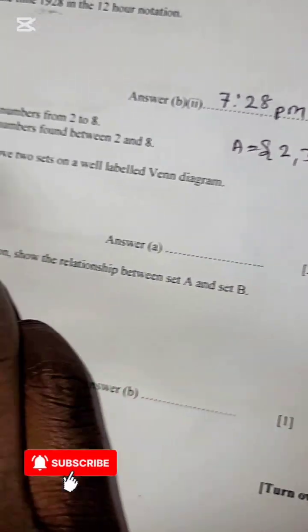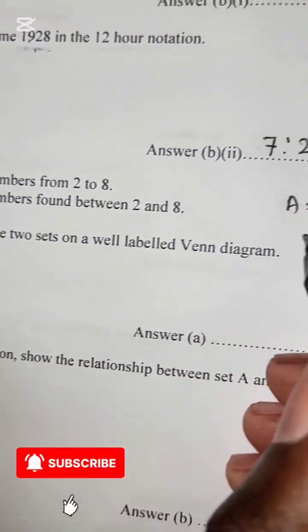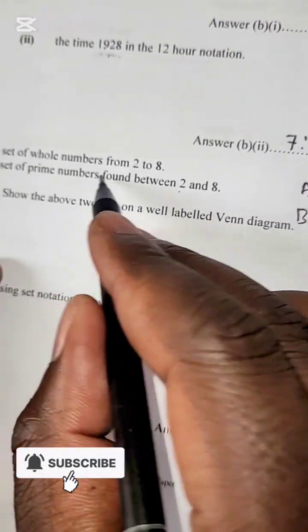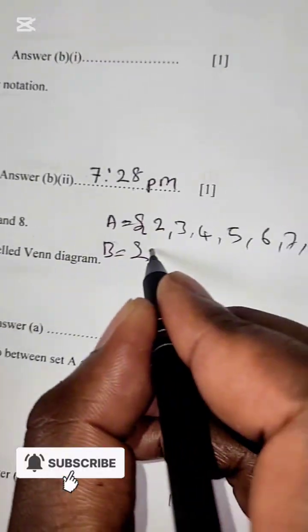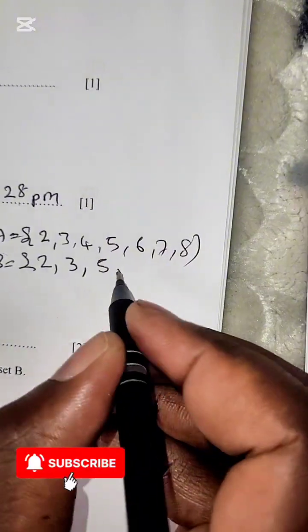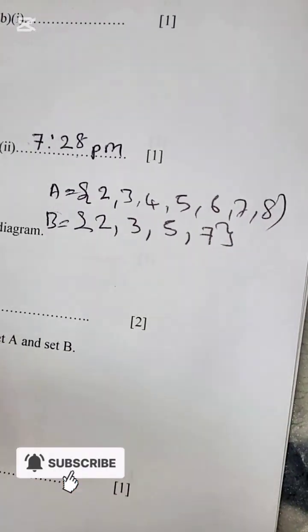Then B is a set of prime numbers between 2 and 8. So 2 is our first prime number, then 3, 5, 7. These are the prime numbers in set B.